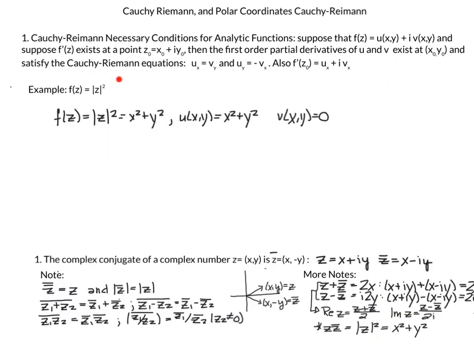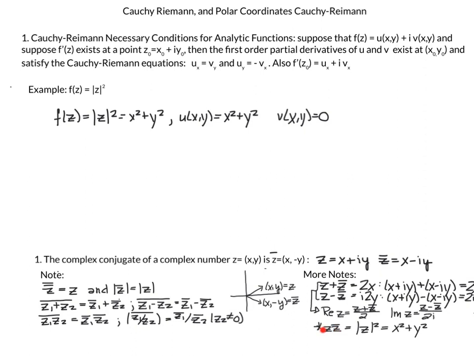This is another problem we took the derivative of in the previous video, but we'll rework some of it here. f of z is equal to the modulus of z, the absolute value of z, squared. From the algebraic properties of complex numbers, which I have here for your reference, the modulus of z squared is equal to z times z complex conjugate.